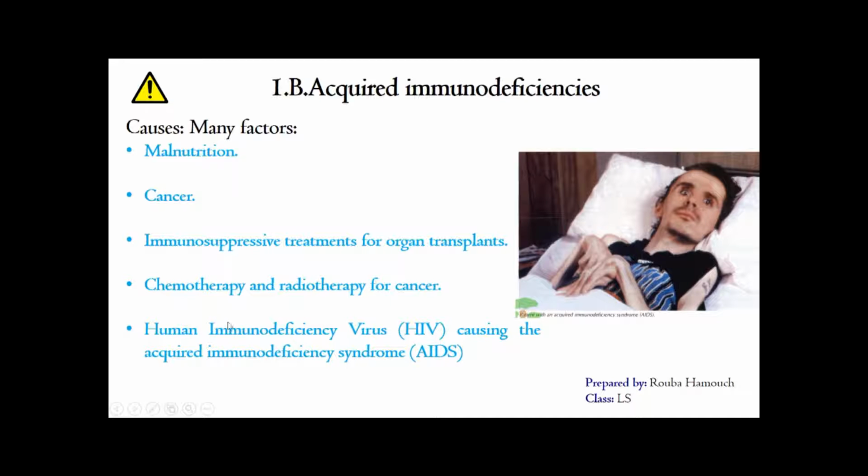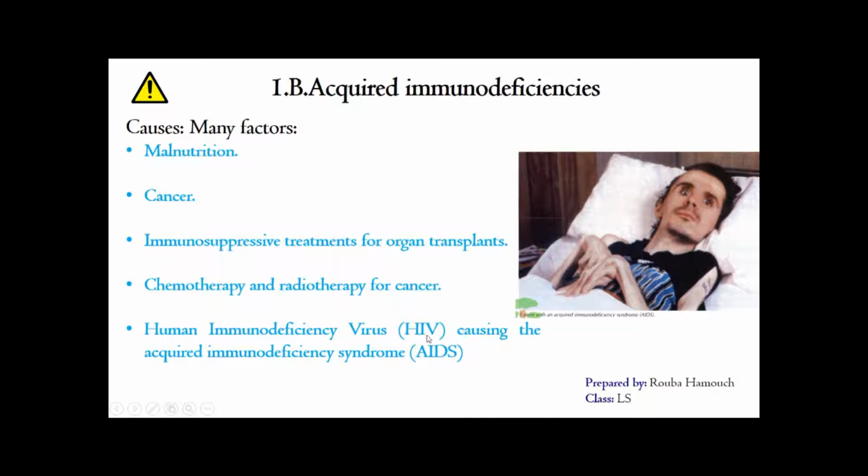And the main cause of acquired immunodeficiencies is the human immunodeficiency virus, HIV, that causes the acquired immunodeficiency syndrome, or AIDS. So in our video, we are going to explain the mode of action, the mode of transmission of HIV, its structure, and the progression of the infection with HIV.